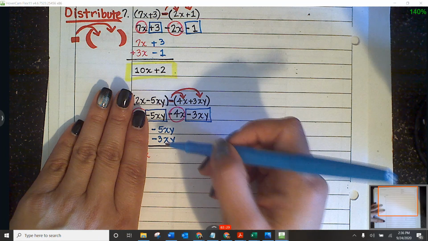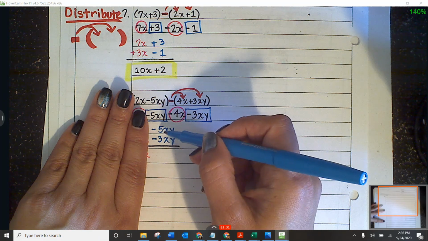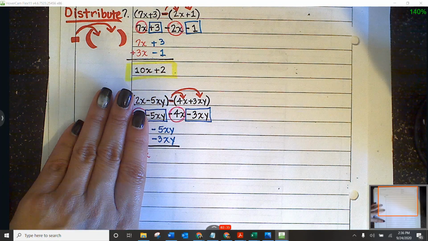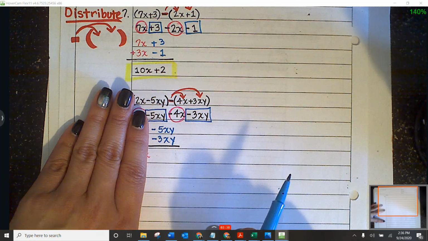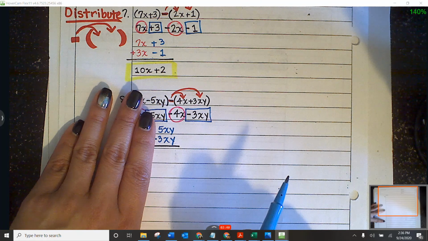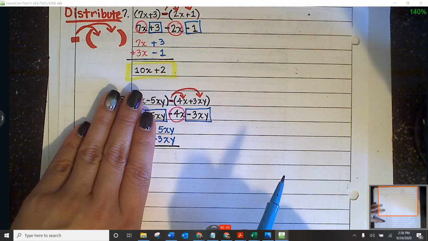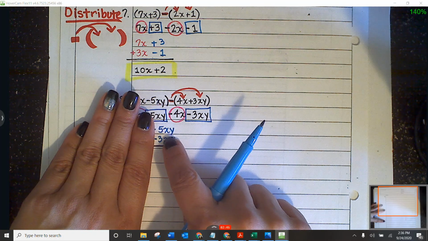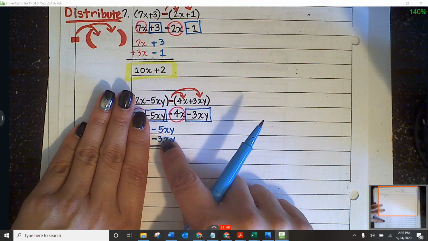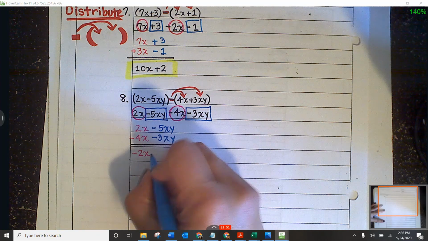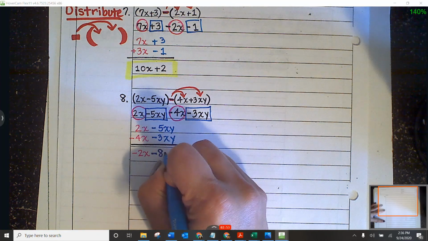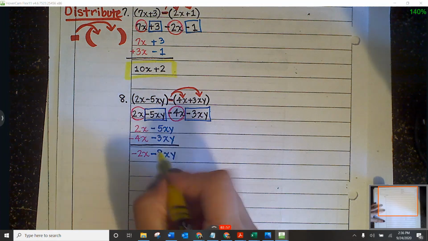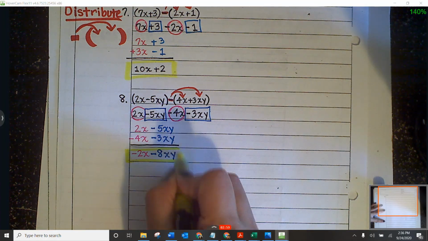Whenever you are subtracting from a negative number, it's becoming more negative, a bigger negative number. Some people even say it's as if you just add the negatives together. So negative 5 and negative 3 becomes negative 8xy. There we go. There's that answer.